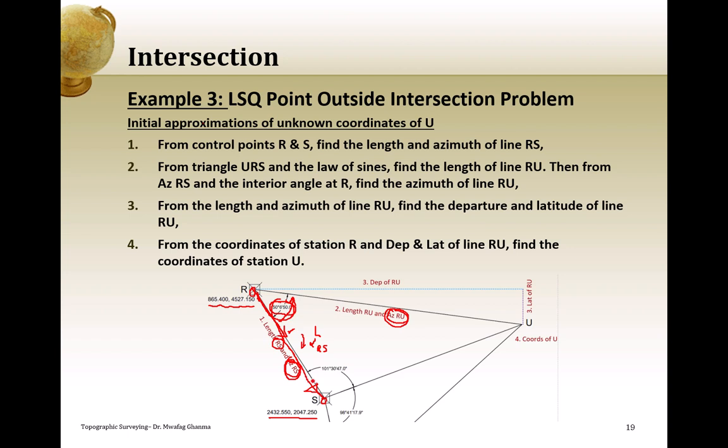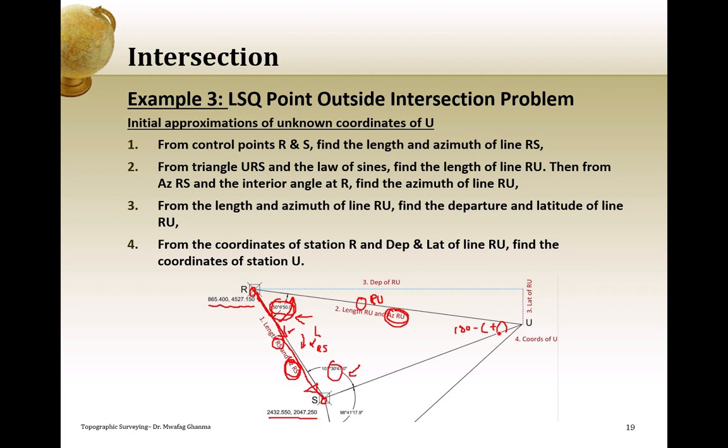Now, can we calculate this angle? We have it, and this line is unknown, which is RU. We have this angle, and we have this angle. From this triangle, we can just calculate this as 180 minus the other 2 angles.